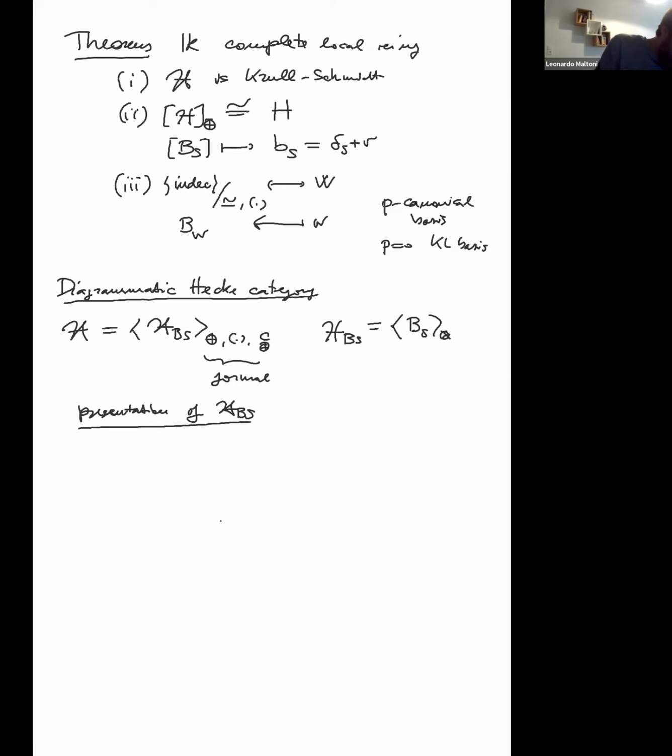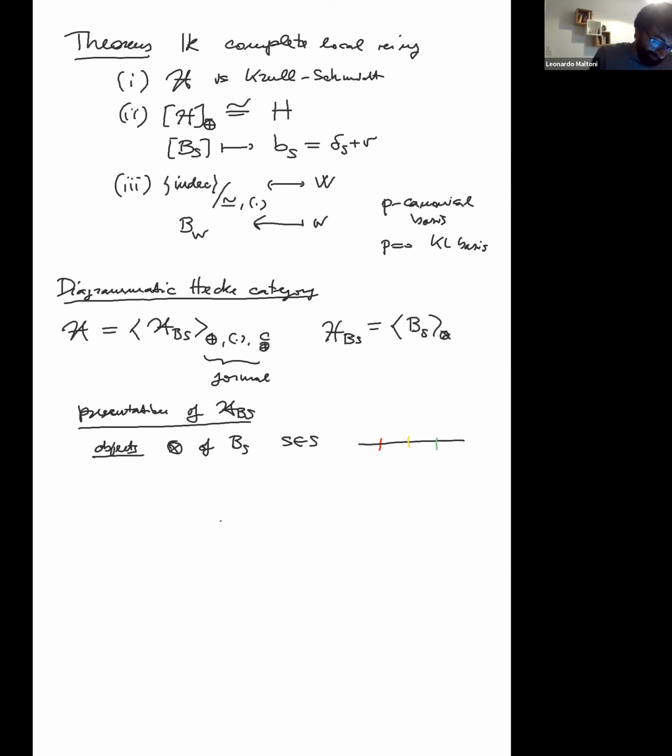Now the idea is that we want to give a presentation of this subcategory. And this is done really explicitly via diagrams. So we introduce objects as tensor products of the BS's, which are just formal generators for each s in S, and we represent them as sequences of colored points. Like for example, if red is s1, yellow is s2 and green is s3, then this colored sequence is BS1, BS2, BS3.